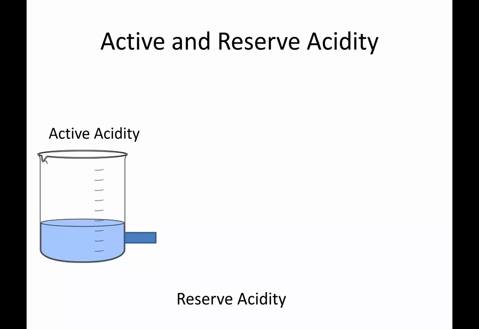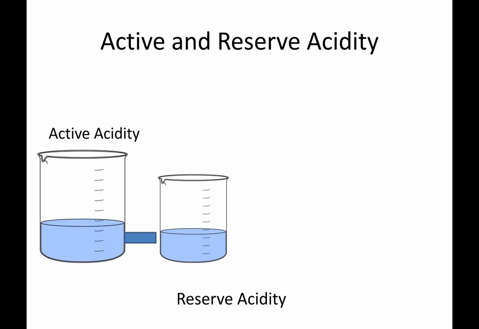So if we neutralize that active acidity, those two beakers are connected. And once we neutralize the one on the left, the active acidity, that reserve acidity is going to fill up that pool until it's neutralized. But the buffer pH tells us how big that pool is. We start at a pH of 7.5, and then it drops down based on how much reserve acidity is present.